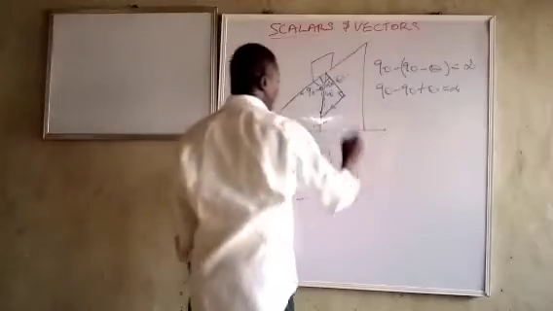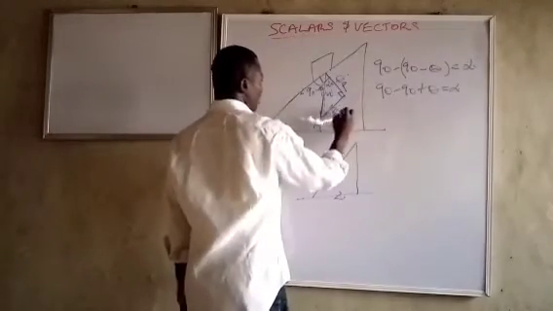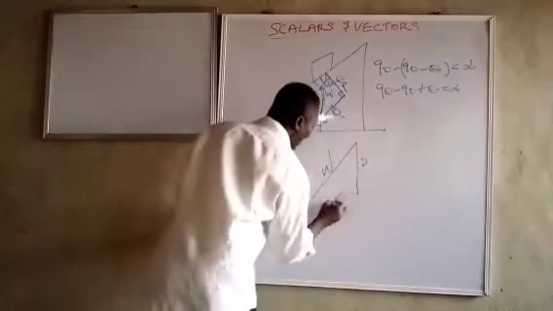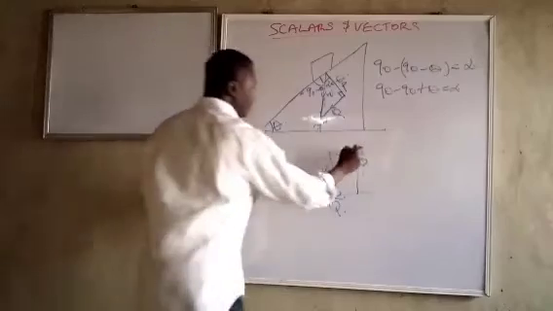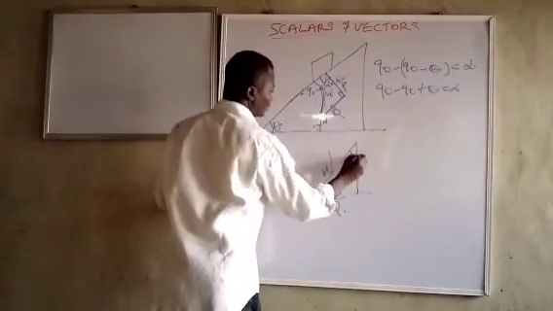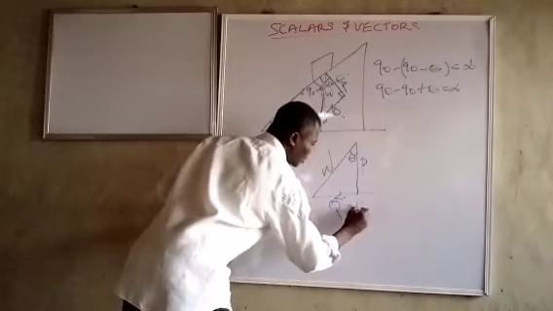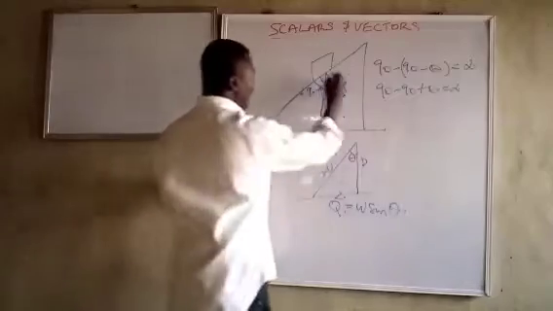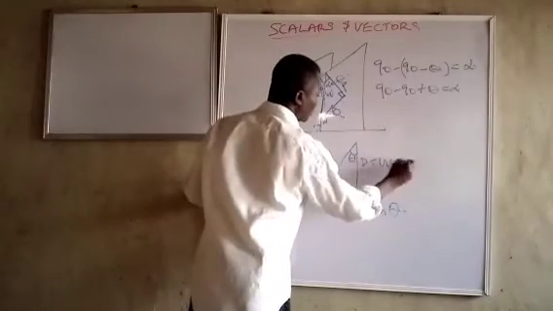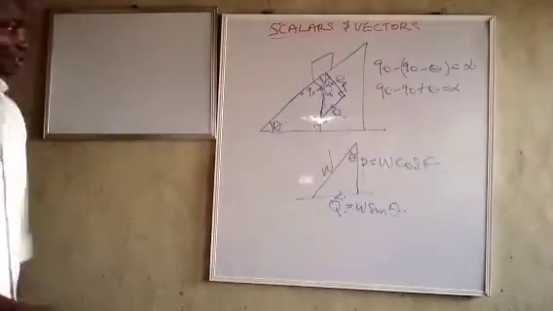The perpendicular one, let me call this one P, and let me call this Q. So the perpendicular one, and this is the parallel along the plane. So we have this angle to be theta. If you look at it, Q is W sine theta, and P is W cos theta. Can you see the application of the resolution of vector now?